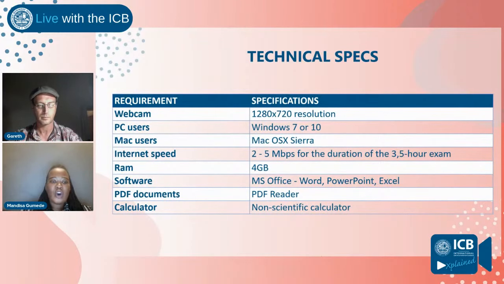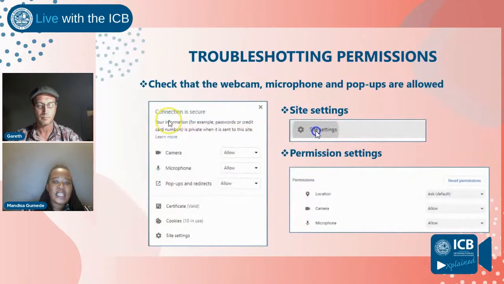Okay, and that takes care of the technical specifications. Once again, like I've already mentioned, it's not quite hectic. Most of the devices will be able to meet those technical specifications. But before you book your online exam, please ensure that you do meet those. Otherwise, you will actually forfeit your exam if you've booked your exam and then you don't meet those tech requirements.